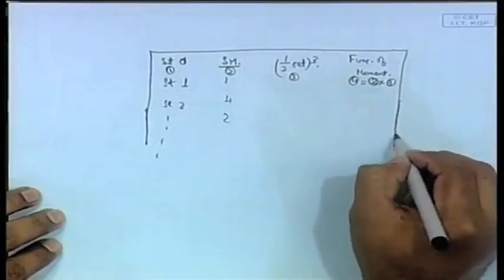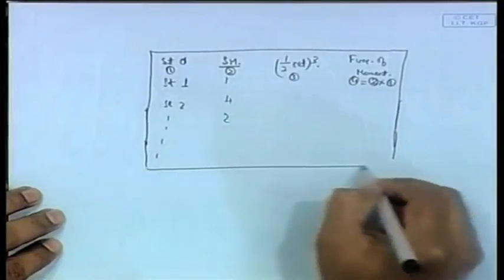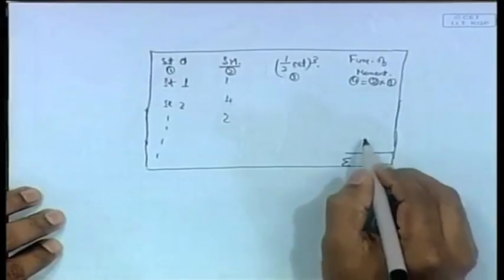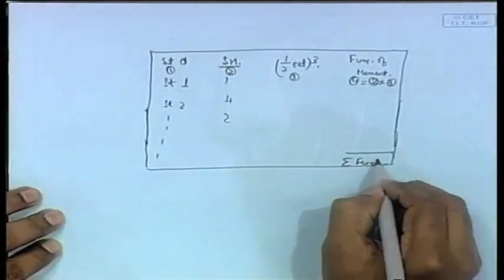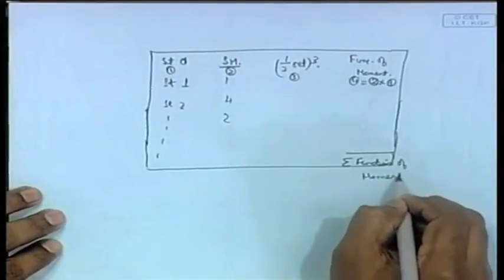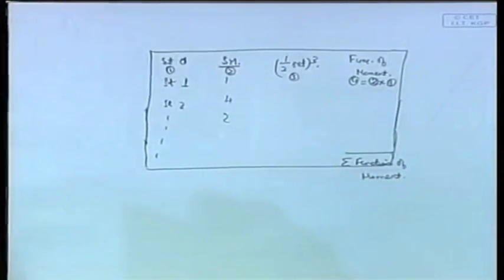Now you do this, and you get a summation here over the different stations, sigma function of moment. This gives you I about the center line, which is I about the center longitudinal axis, known as the transverse moment of inertia, which is I t.